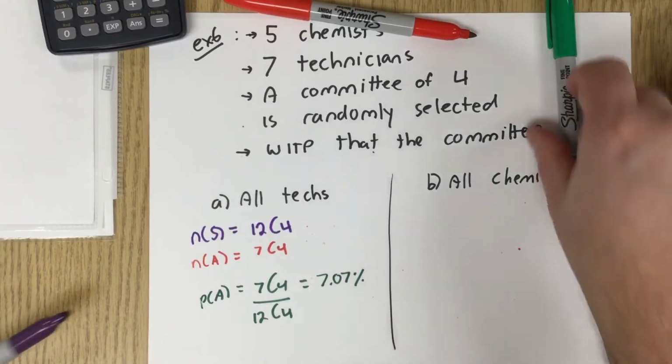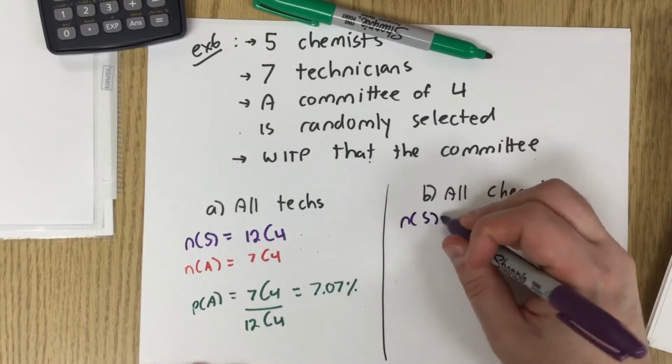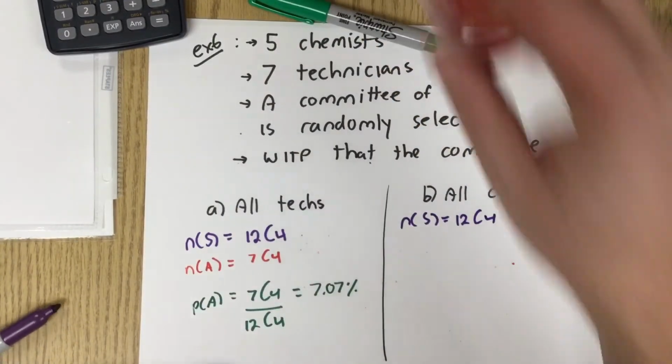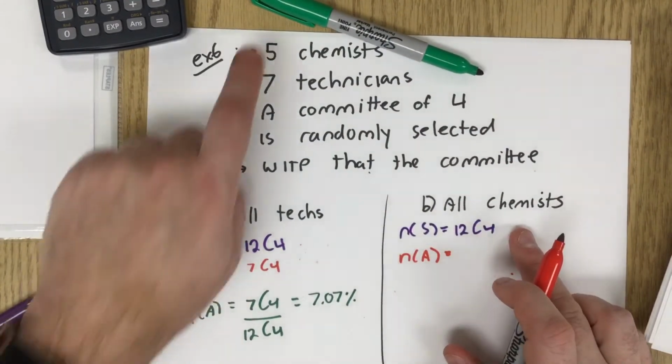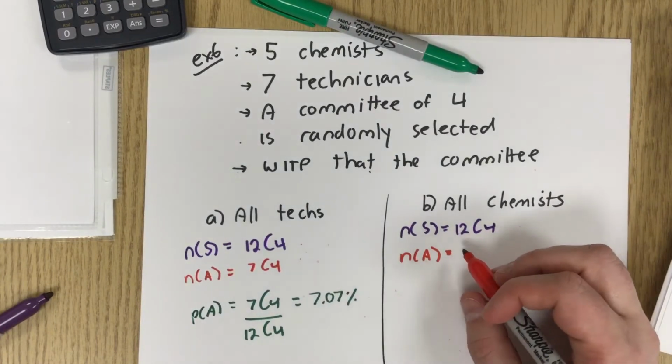Now I want to know the probability that they're all chemists. Pretty much the same idea. It's going to be 12 choose 4 again. In this case, we want them to be all chemists. There are 5 of them, so that's 5 choose 4.